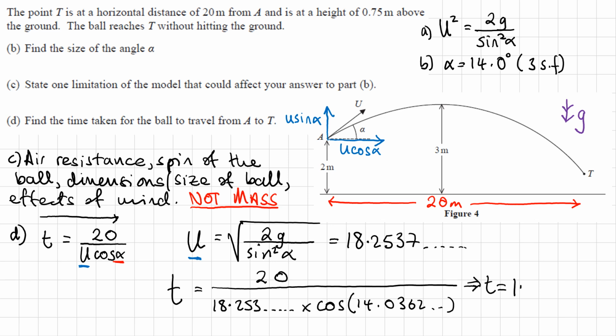And I've got 1.12938. Let's give that to 3 significant figures. So I'll give t as 1.13 seconds, 3 significant figures.